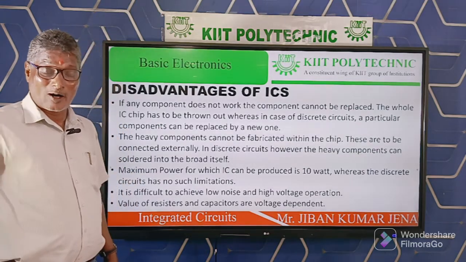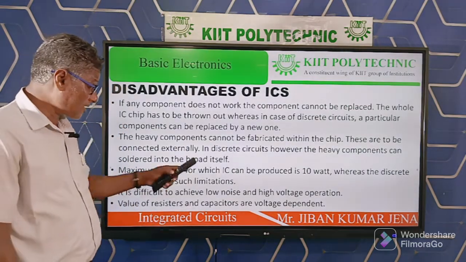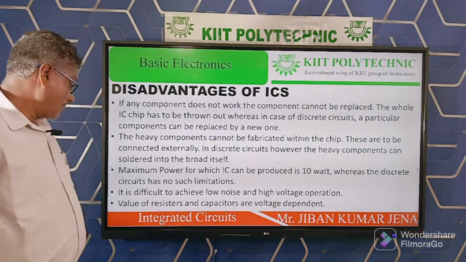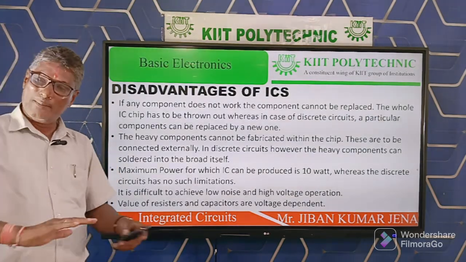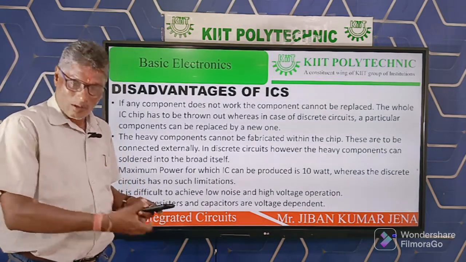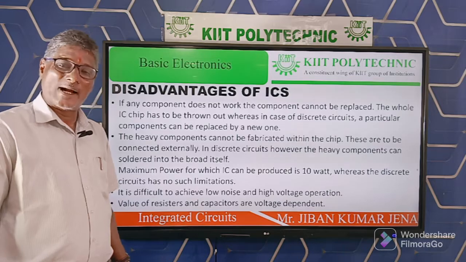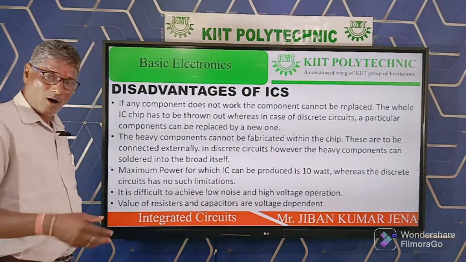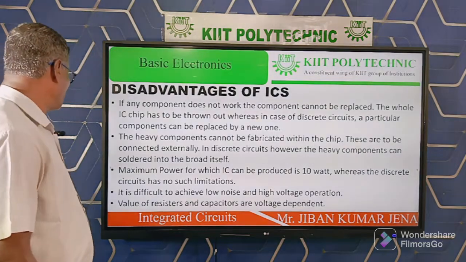But in the case of a discrete circuit, there is no limitation. It can produce or obtain more than 10 watt of power. This is a drawback or disadvantage of IC.